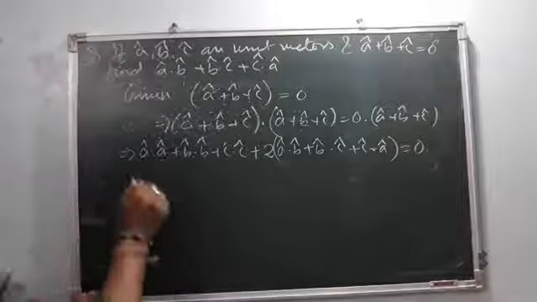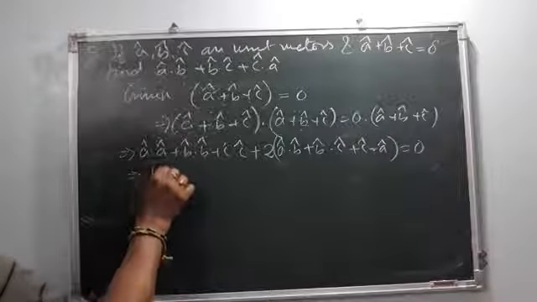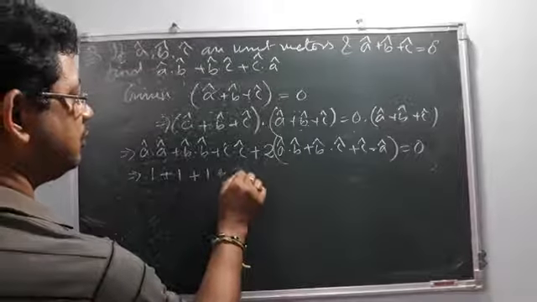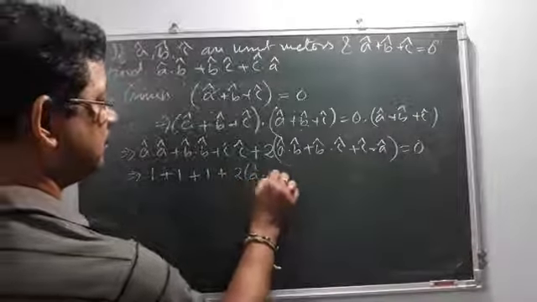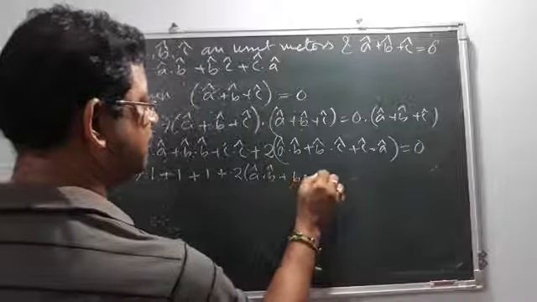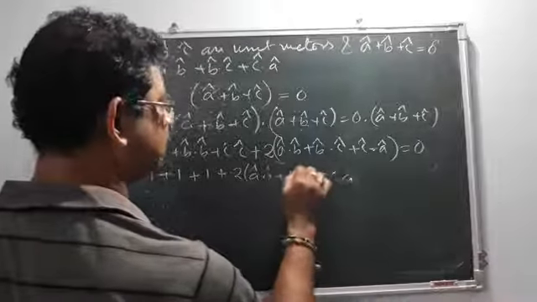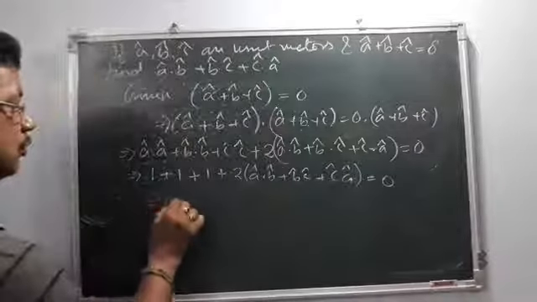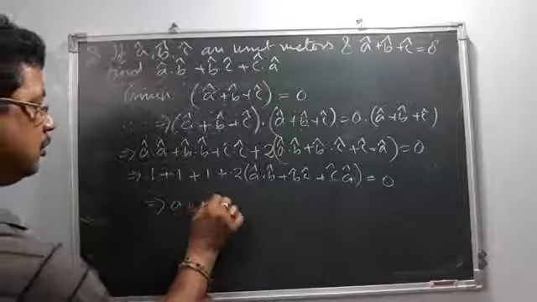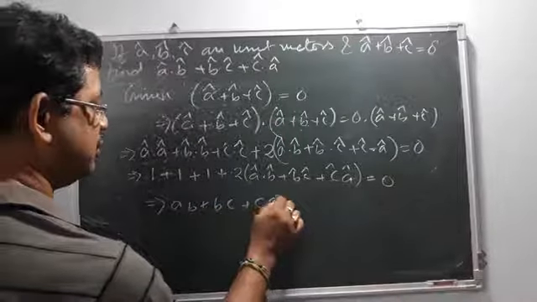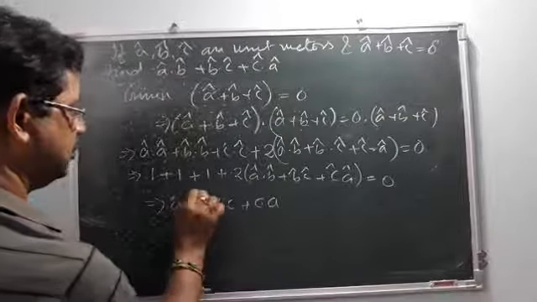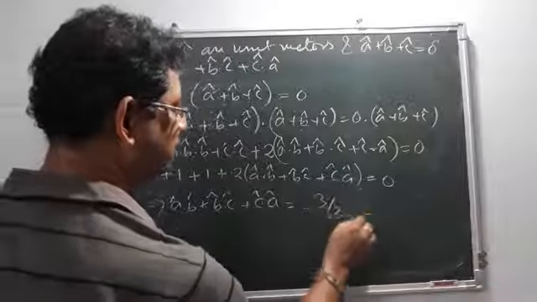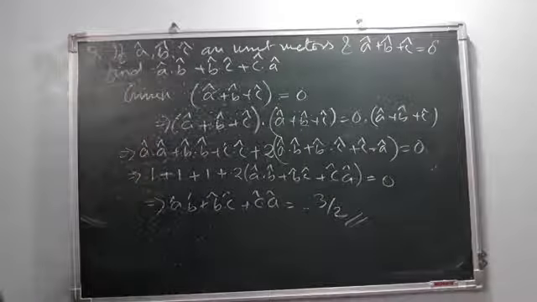Now this one is what? 1, 1, 1, and the rest is A dot B, B dot C plus C dot A. So our required A dot B plus B dot C plus C dot A is equal to minus 3 by 2. So this is the value of this one.